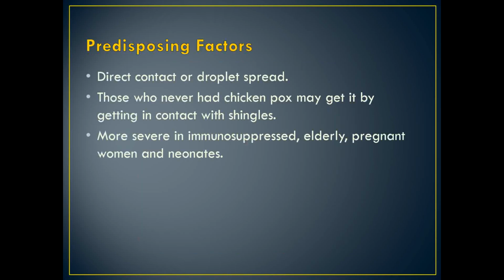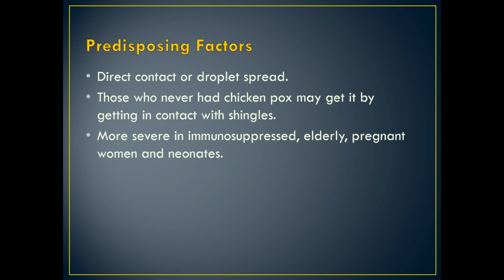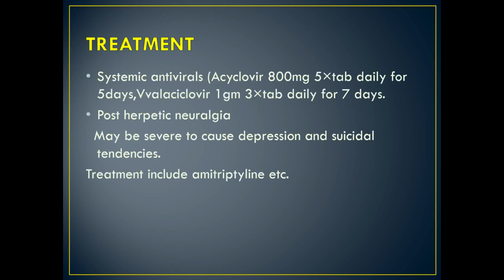It means that the risk of involvement of the cornea is higher if the tip of the nose is also involved. These are predisposing factors. Treatment of herpes zoster ophthalmicus is systemic antivirals, that is acyclovir or valacyclovir or famciclovir. You can refer the patient to the dermatologist or skin specialist.